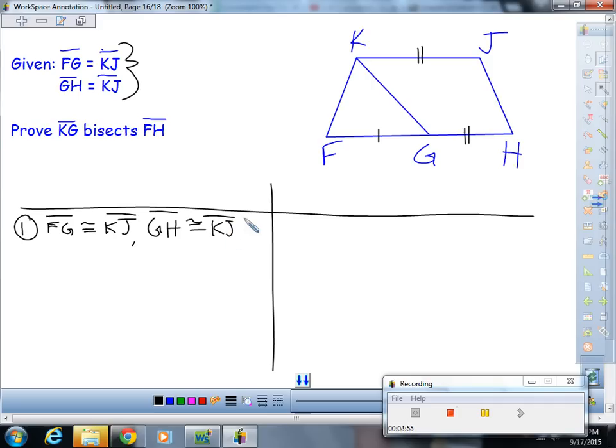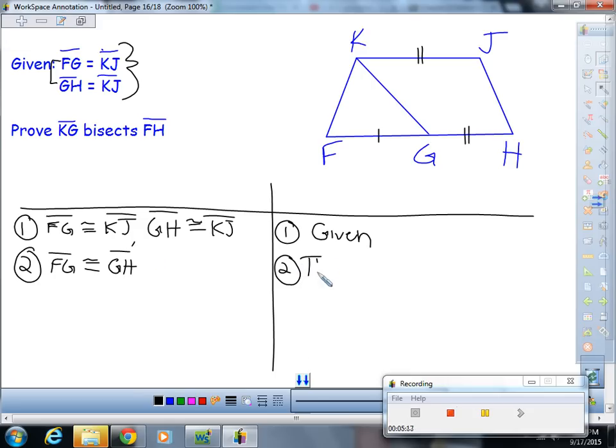Hopefully you know what the next step will be. We will instantly say that those two are congruent. FG is congruent to GH. My reason will be transitive. Okay.